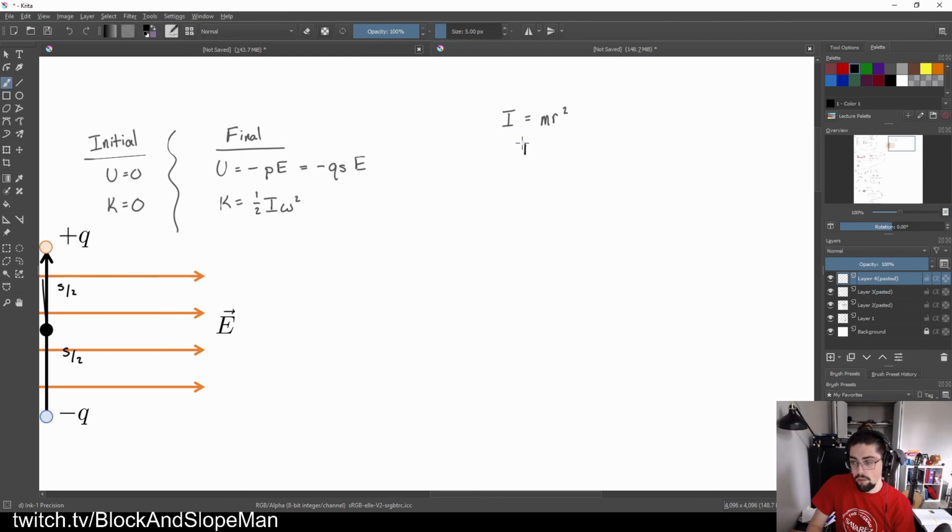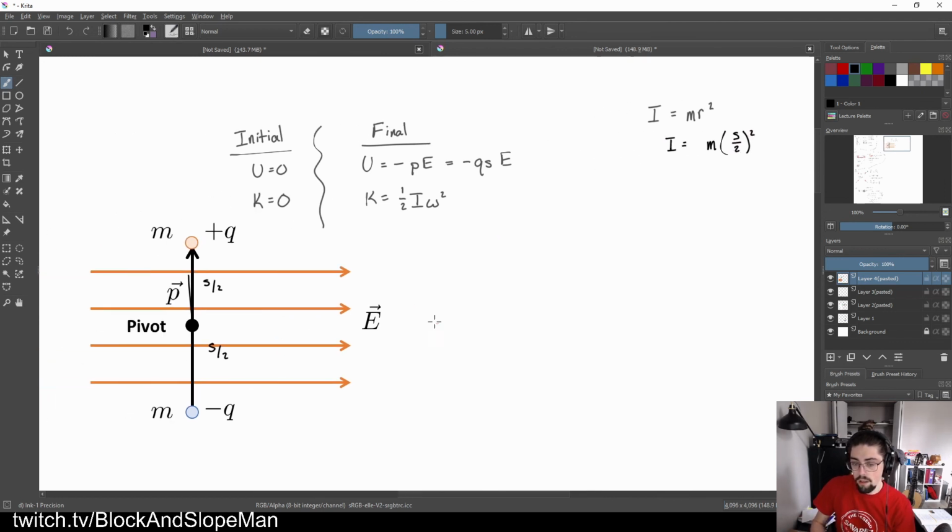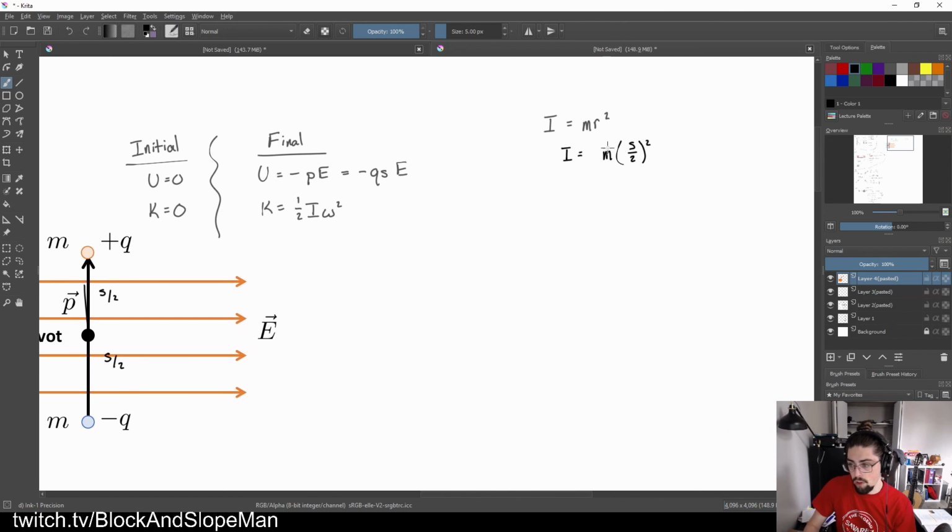So if I'm searching for this thing for real, then I would have M times S over 2 squared. And then I've got one on top and one on bottom. So there's 2 of them. Simplify that a little bit more. MS squared over 2. Perfect. We have our moment of inertia. We're looking for omega. We've got Q, S, and E. We're ready to solve this thing.